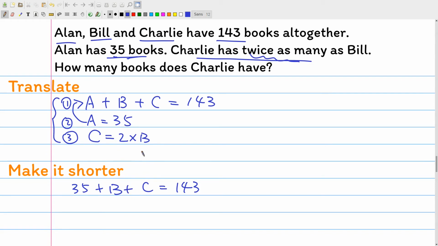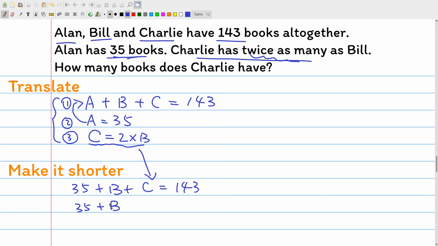But can we make it a little easier? Yes, we can, because the third sentence says C equals 2 times B, twice as many as Bill. So we can use this to replace this. 35, just a copy.